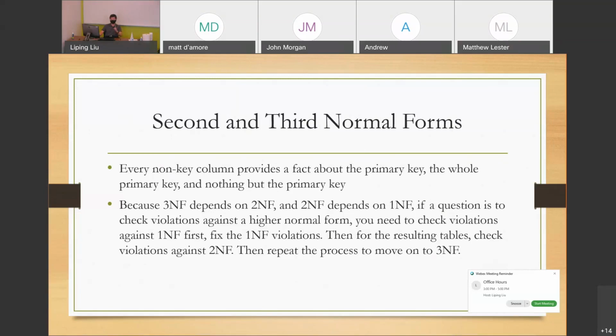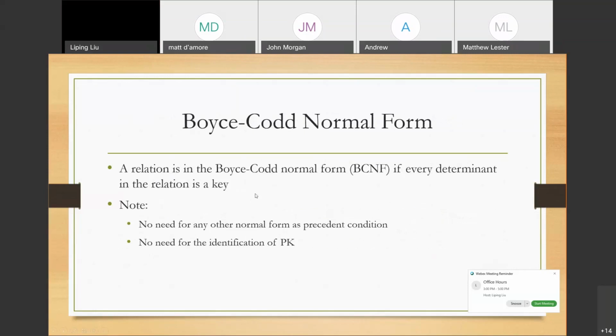Basically, every non-key column should depend on the entire primary key and nothing else. Okay, that is very, very important, just for you to memorize the concept, to take away with you after you finish this subject. Okay, Boyce-Codd normal form, and this is the normal form I like the most.